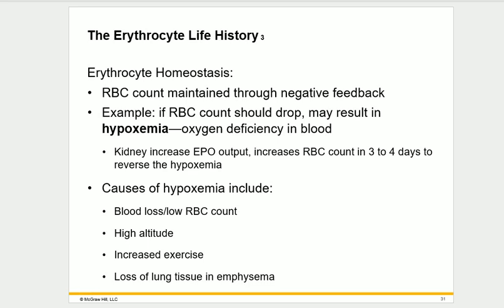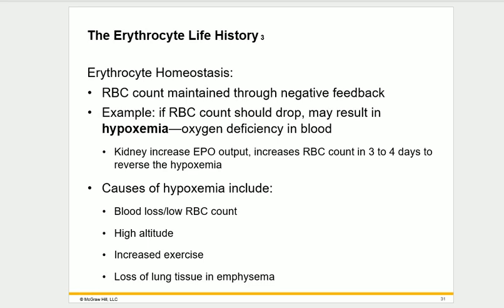Other causes could be high altitude, increased exercise, especially increased exercise in high altitude. If you've ever exercised in Denver, Colorado, you'll understand what I'm talking about. And another example could be loss of lung tissue and emphysema. So back to the Colorado thing.